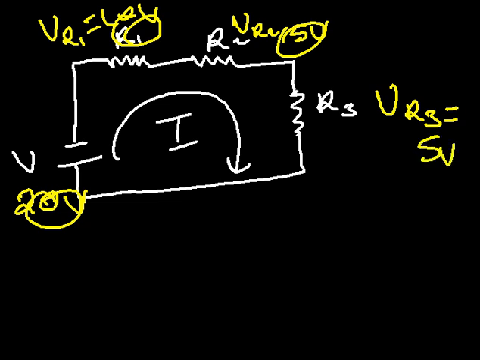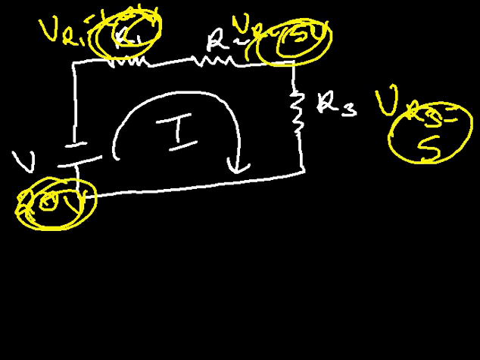Now from this resistor, you see that all of the 20 volts has been used up, so there's no other voltage remaining. So at the end of the day, you have to get that the summation of these voltages is the same as the total voltage.